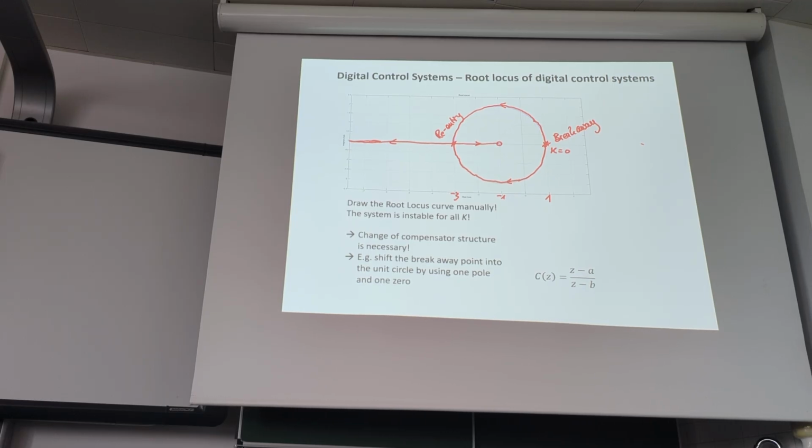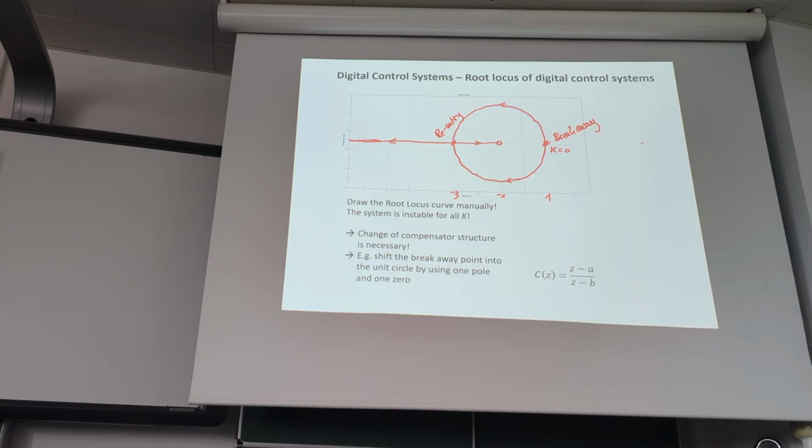So this understanding how to generate, how to design the root locus curve allows us to design the controller in the end. And then the final values can be found using the control system designer in MATLAB.